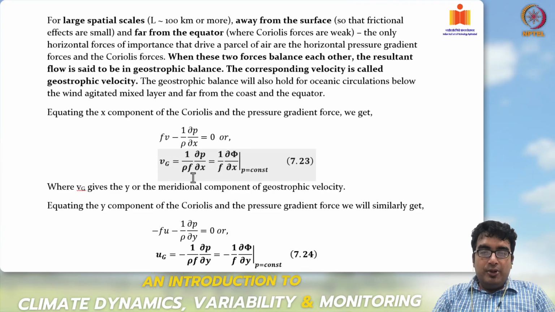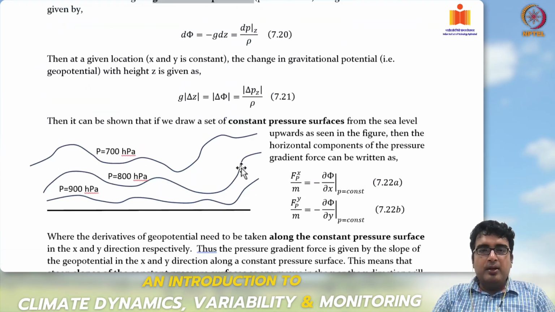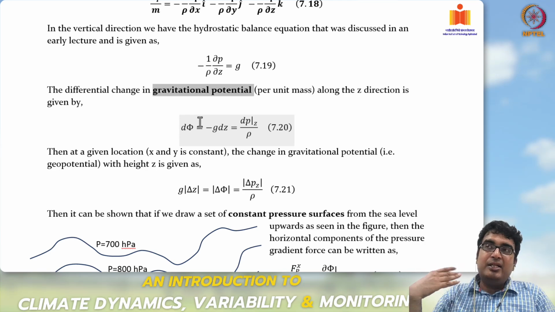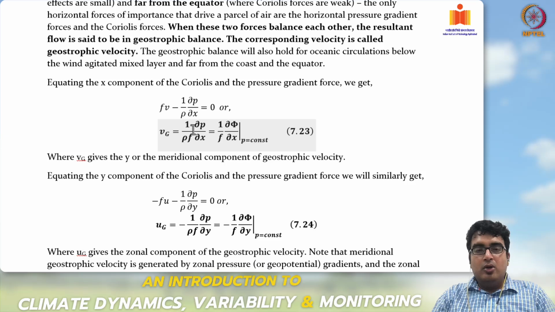So we can also write this as 1 by f del phi del x, because phi is basically dp by rho, right? So the change in geopotential is basically the change in the vertical pressure gradient divided by rho. So 1 by rho del p del x becomes equal to del phi del x along the constant pressure surface.